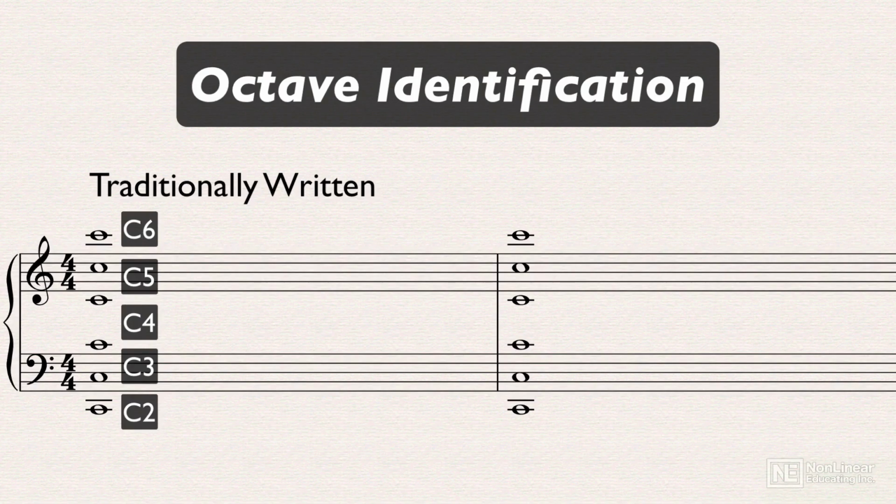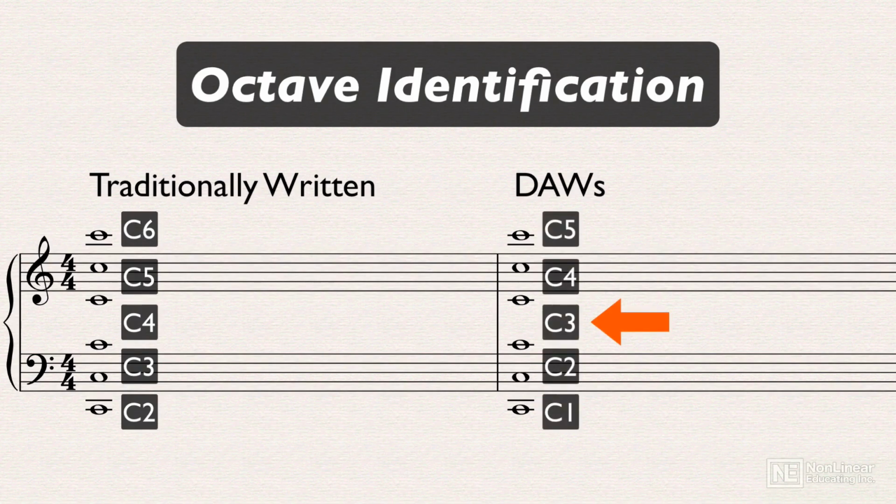Here's the tricky part. In DAWs and on a lot of keyboards and synthesizers, middle C is actually referred to as C3, not C4. It doesn't mean the note has been transposed by an octave or anything like that. They just call middle C C3 in most DAWs.